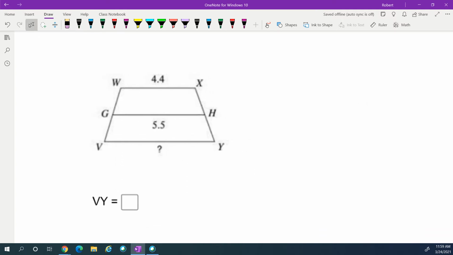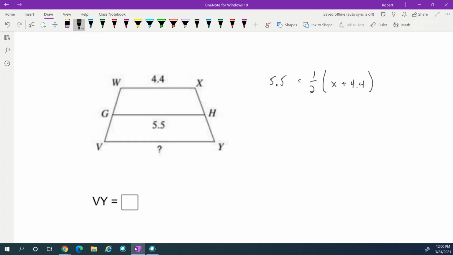Again, we're working with the bases and the mid-segment or the median. So again, we have one formula. Don't change the formula. Plug things in and then execute your algebra. So median equals 1/2 the sum of the bases.